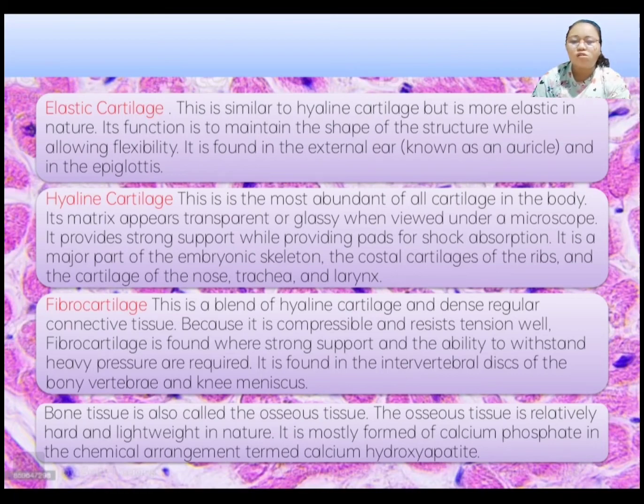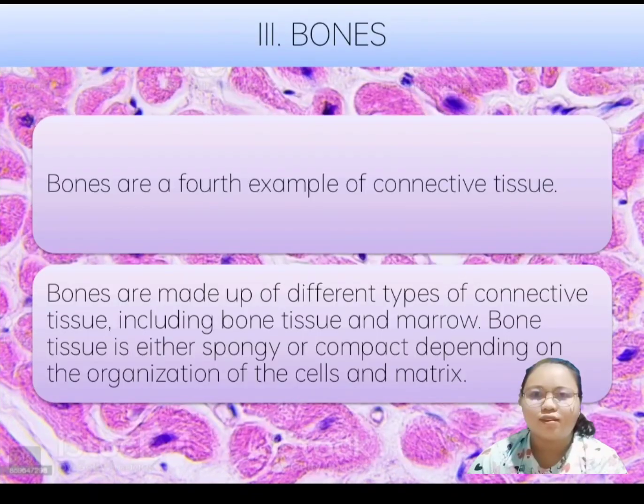Bone tissue is also called osseous tissue. The osseous tissue is relatively hard and lightweight in nature. It is mostly formed of calcium phosphate in the chemical arrangement termed calcium hydroxyapatite. So the third category of connective tissue is bones.